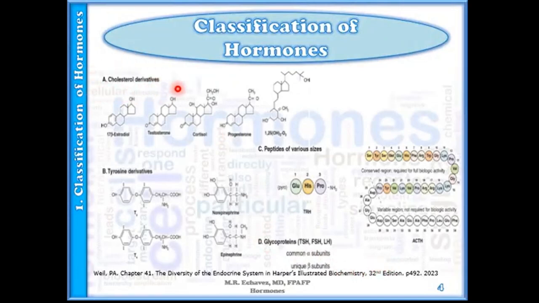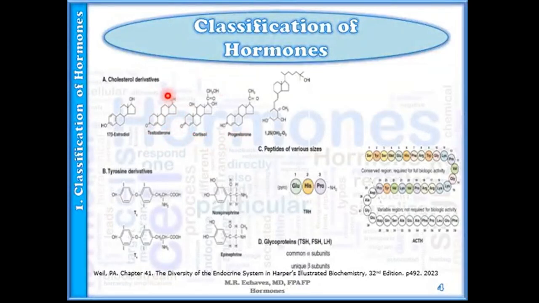So going back to your cholesterol derivatives, we know that cholesterol has 27 carbons, and our hormones usually have 21 carbons. In these particular examples, you have progesterone and cortisol, which have 21 carbons.